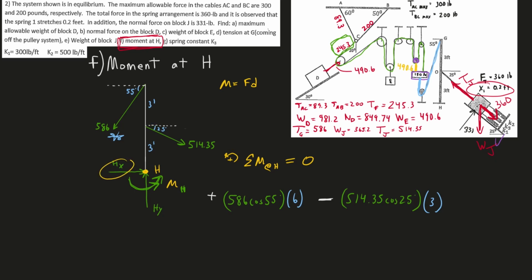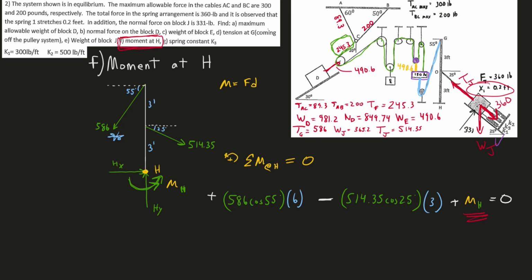Like we discussed, these two force components, Hx and Hy, don't create any moment about point H. And finally we have MH, the couple moment that the ground provides on the system. And I'm assuming that couple moment to be in the counterclockwise direction, so it's going to be a plus MH. And the sum of all these moments, of course, is equal to 0.